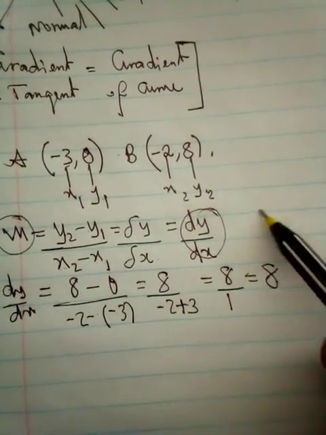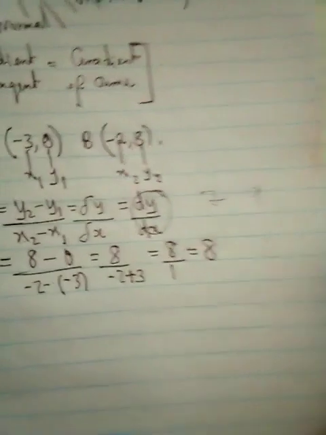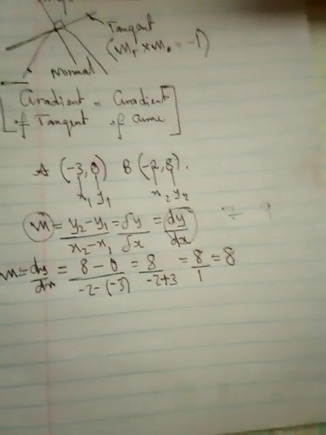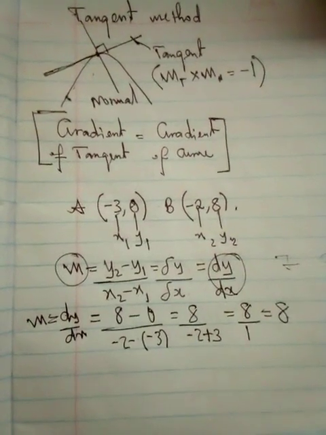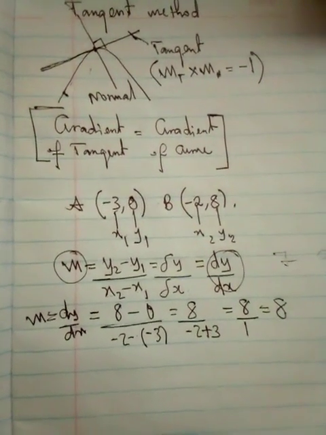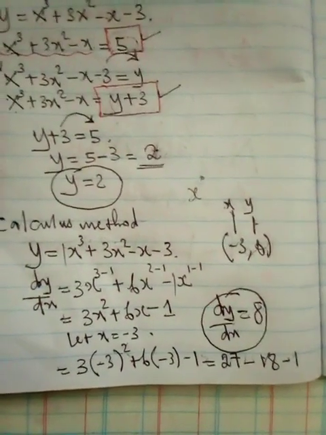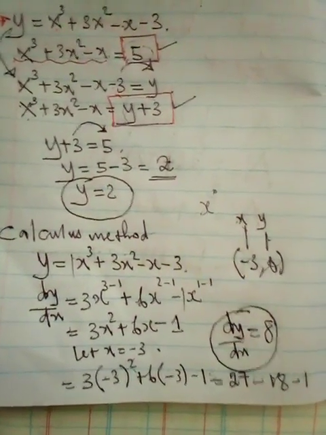Perhaps someone might have found a 7 or a 9. So the tangent method isn't that reliable in determining the gradient. The calculus method is much more efficient in doing so.